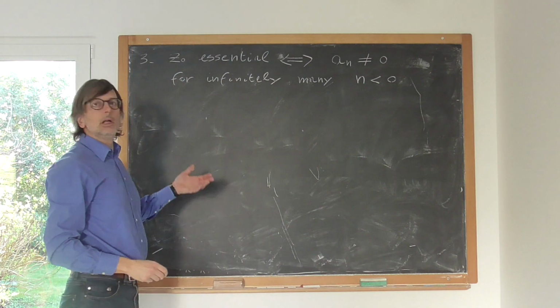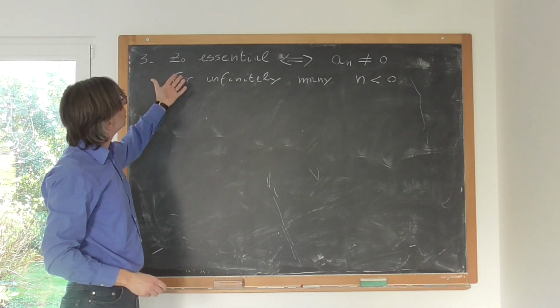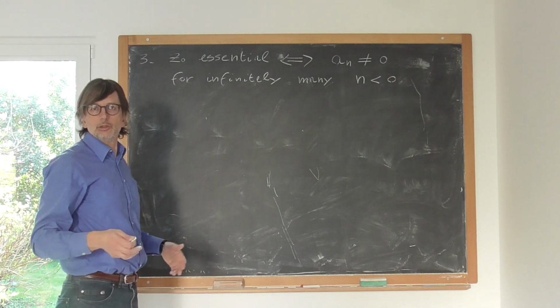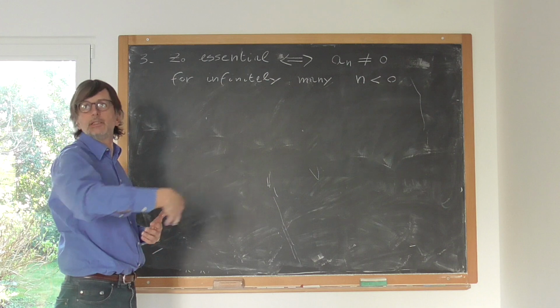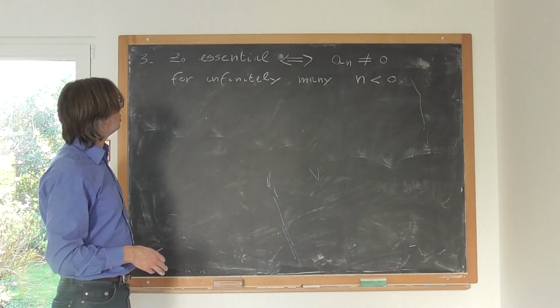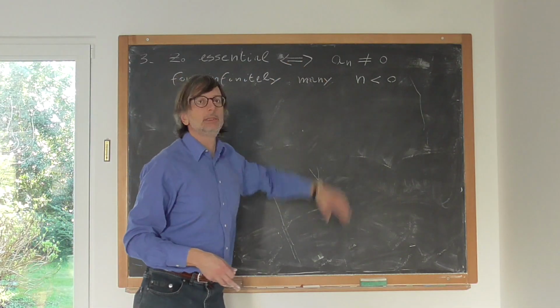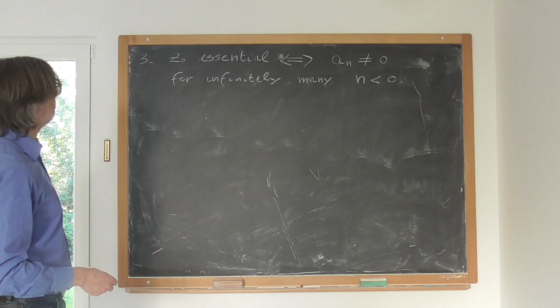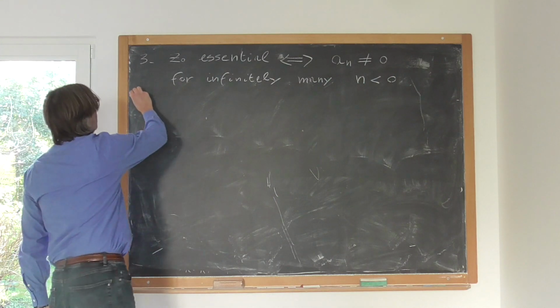Or in other words, the principal part of the Laurent series is a true series. It's not 0 and it contains infinitely many terms which are non-zero. Okay? Just because this is now the only case which is remaining.